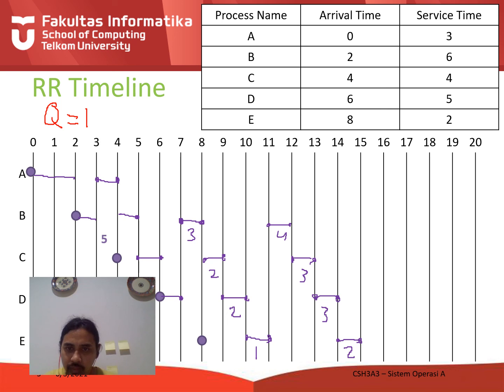Then B has 5 and C has 4 and C is finished, and D has 4 and B has 6 and B is finished, and D has 5 and D is also finished.